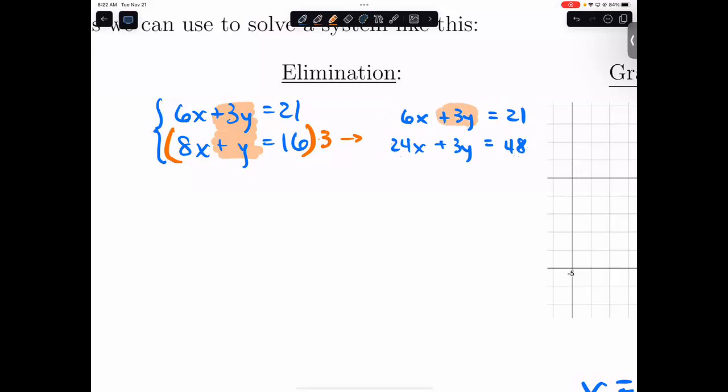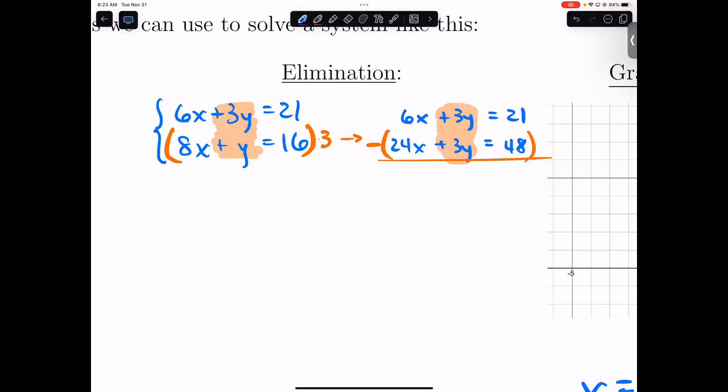To do elimination, we want to combine the two equations by addition or subtraction so that something goes away. Now I've got the y values lined up so they have the same coefficient. So how would I need to combine them to make y be eliminated? Subtract. Subtract, combine like terms. So just go term by term.